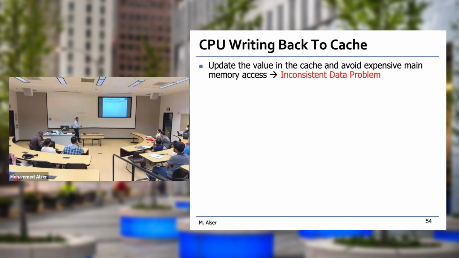The problem with not doing anything, if we keep it in the cache in the same place, is that we have a real problem with inconsistencies. The data that we have in the cache, because we made it dirty, meaning that it's updated, but the copy in the DRAM was not updated, because the CPU has no access to the DRAM.